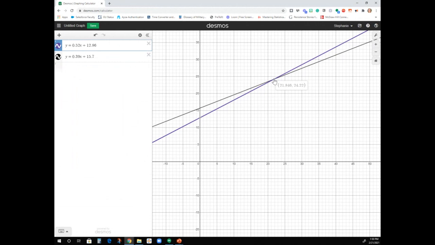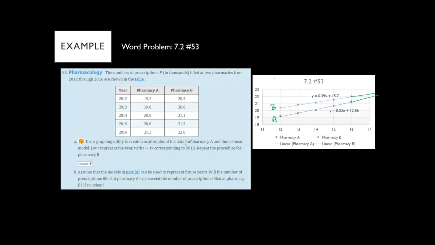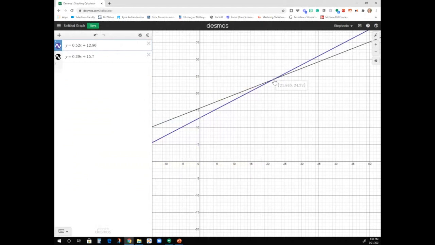Now, our horizontal, our x values, these are the years. 12 started with 2012, and then we would graph 2013 as 13. So getting a number of 21.846, if you rounded that to a whole number, it's about in 2022.